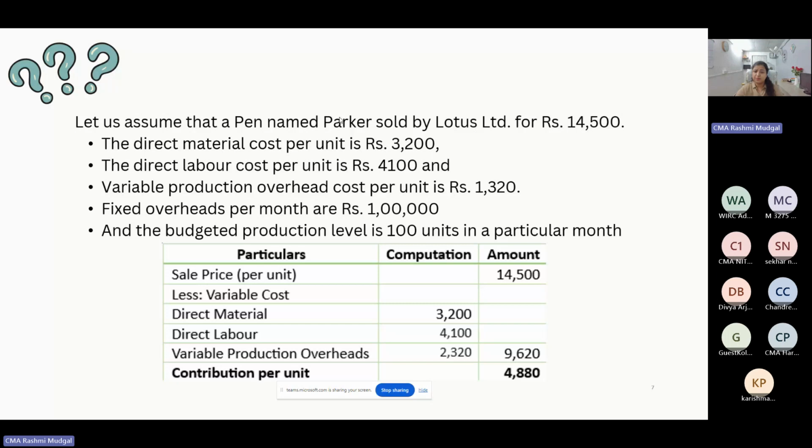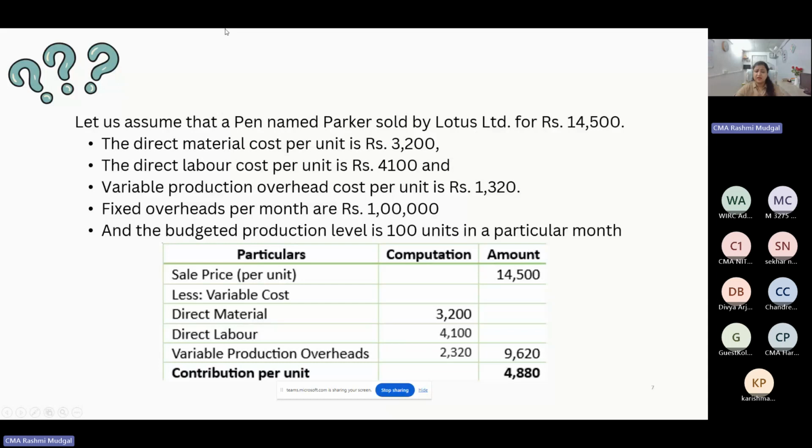The direct material cost per unit is 3,200 and the direct labor cost per unit is 4,100. Variable production overhead cost per unit is 2,320. Fixed overheads per month are 1 lakh rupees and the budgeted production level is 100 units. So we have planned that we are going to produce 100 units of the product.